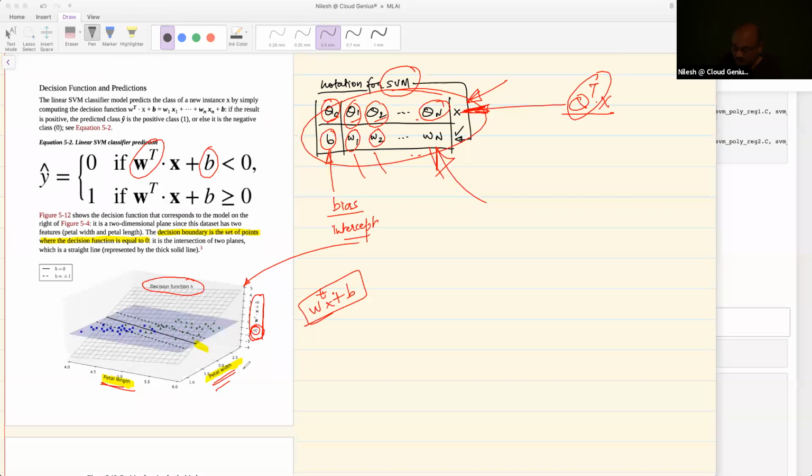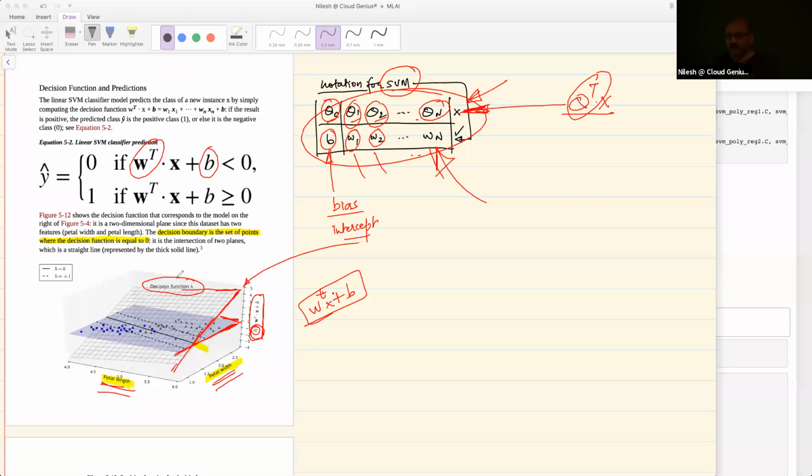So we'll take petal width and petal length and plot them. What you're now looking at is a decision boundary in three-dimensional space, which is the plane here, and the other plane, which is that one. There are two planes here. There's one plane like that and the other plane that goes like this.